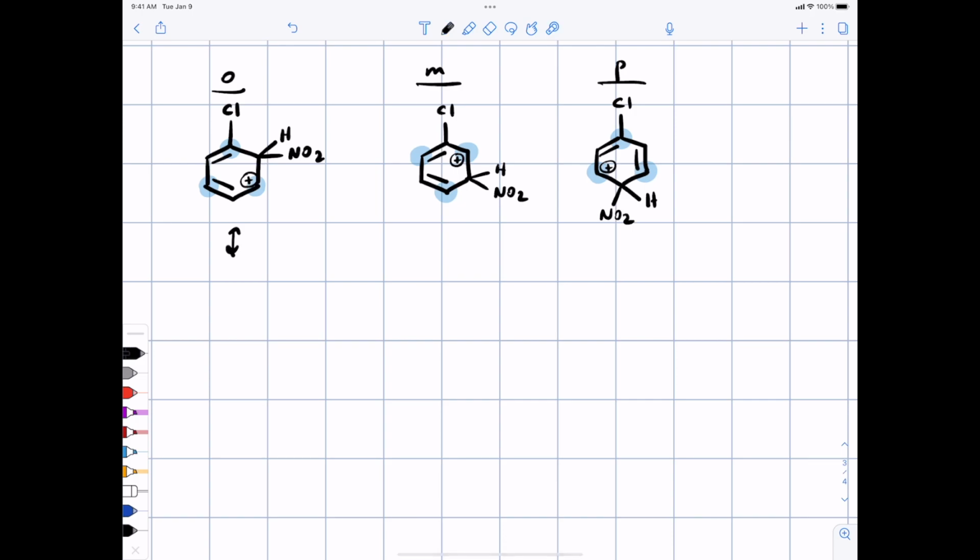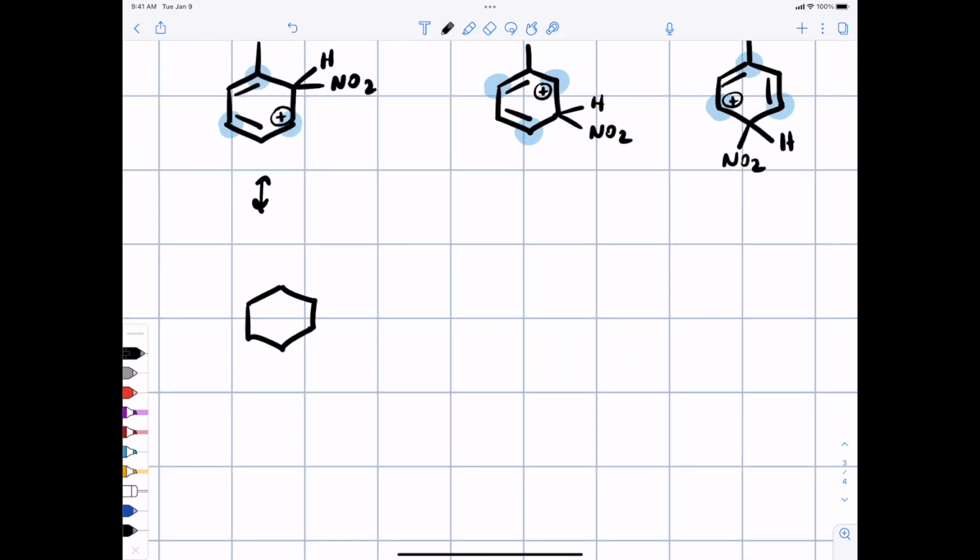Chlorine can help out. How? Dump the electrons in there. So you've got a resonance structure for the ortho substituted pattern where the positive charge is adjacent to the chloro. Hold on, I thought chlorine was electronegative. Shouldn't that be bad?